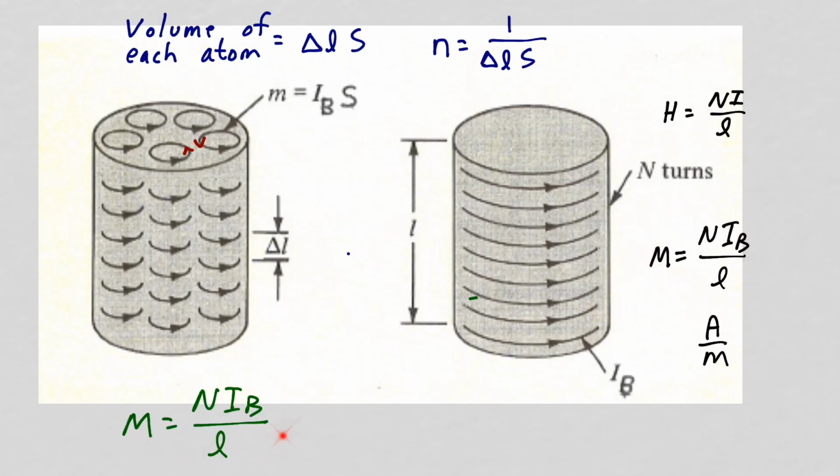The length divided by the number of layers of atoms we have is the spacing between the atoms. So N over L can be replaced with delta L in the denominator.